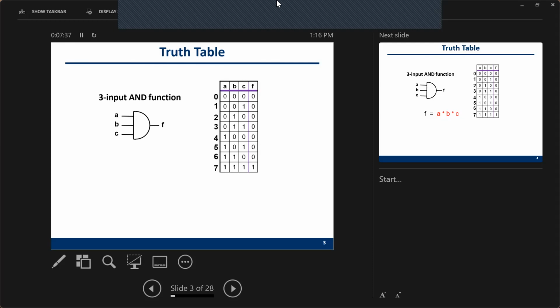The truth table can describe the function of this logic gate. When you have the values of A, B, and C, by looking at this table, you can get the output, whether it's 0 or 1.